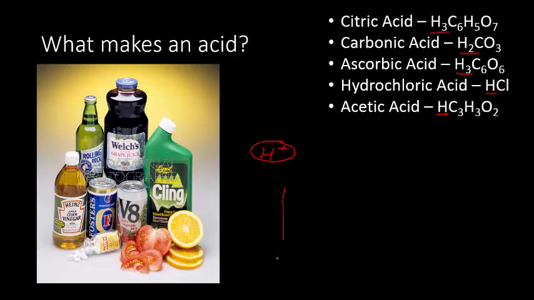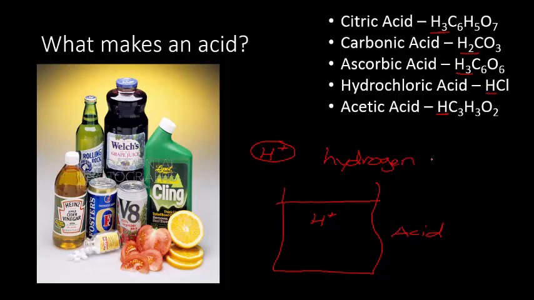So if I have a beaker of water, and it contains anything that makes hydrogen ions, this substance is now an acid. Make sense? So it really doesn't matter what the substance is, as long as it produces this H plus, which is called the hydrogen ion. You write that down. Hydrogen ion, H plus.